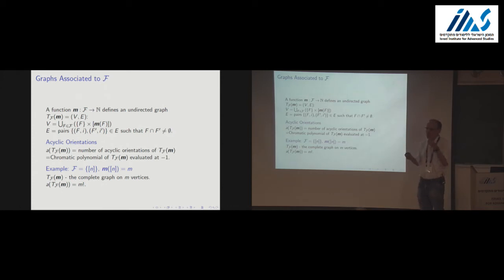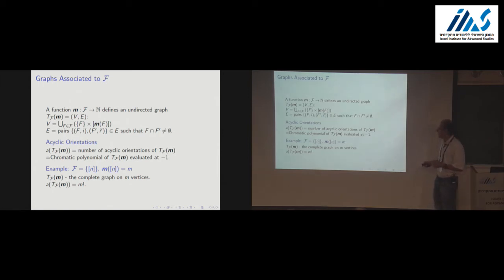Actually, you just take M_F copies of each set F, and you construct a graph where you join two copies F_i and F'_i' if F and F' intersect, and you look at the number of acyclic orientations of this graph. This number can be computed by substituting -1 into the chromatic polynomial of the graph.